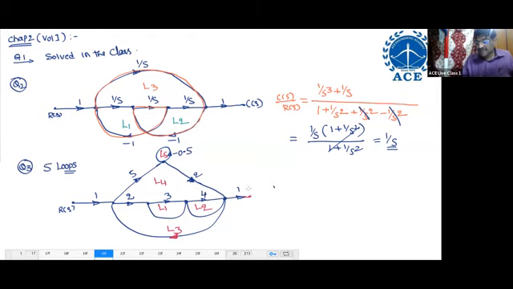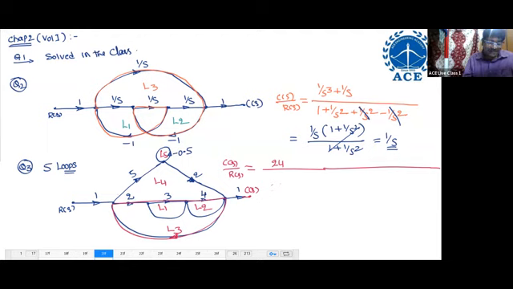C of S by R of S. Now come on, first forward path 2 into 3 into 4, 24. L1 touching, L2 touching, L3 like this, this is L3.